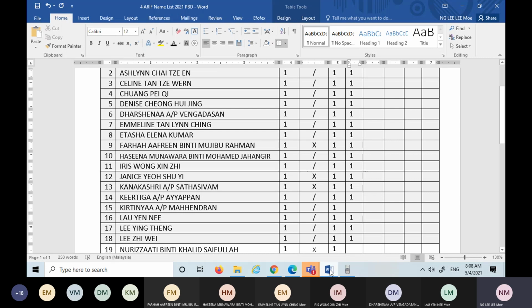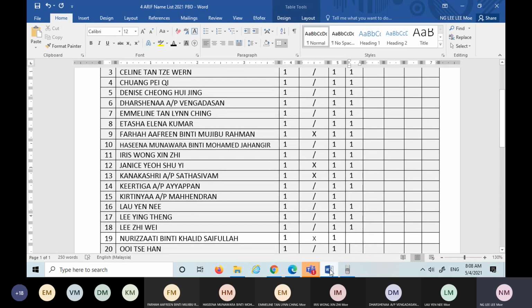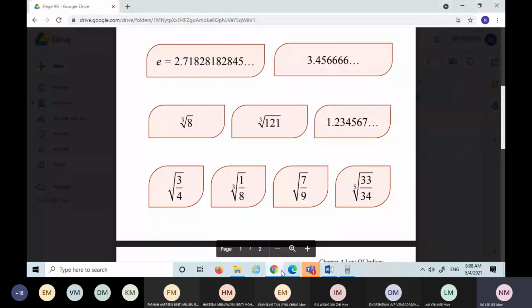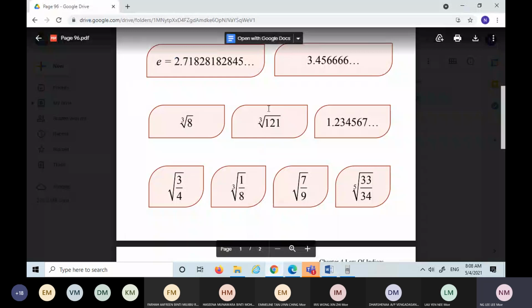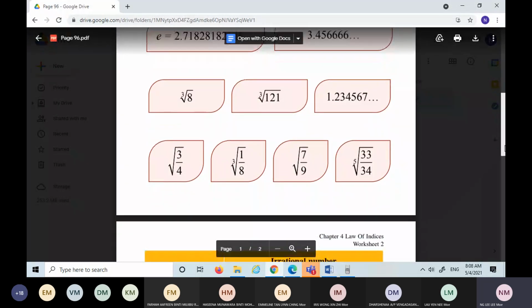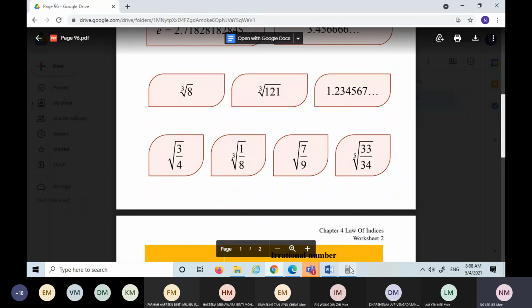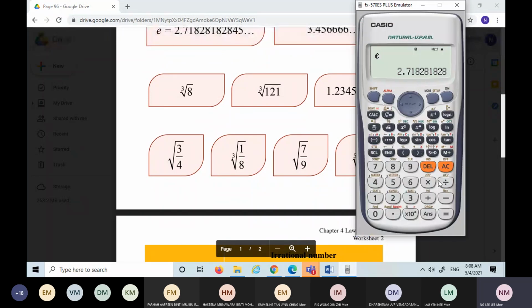Okay, Izati cannot make it. Okay, Zihan. Yes, teacher. Okay, Zihan help for the next one. Okay, this one, cube root of 121. You press the calculator and see. Irrational, okay, because it doesn't give you an answer when I check. This is cube root, okay, 121.